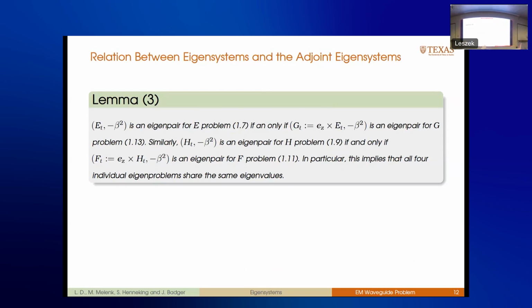If you take the solution to the E eigenproblem, and you rotate the E problem, keeping the same beta squared, then you get a solution to the G problem. Not F, as you might expect. No, the G. Why? I have no idea. It's just mathematics. Now, the conclusion is that all these four problems, therefore, share exactly the same spectrum.